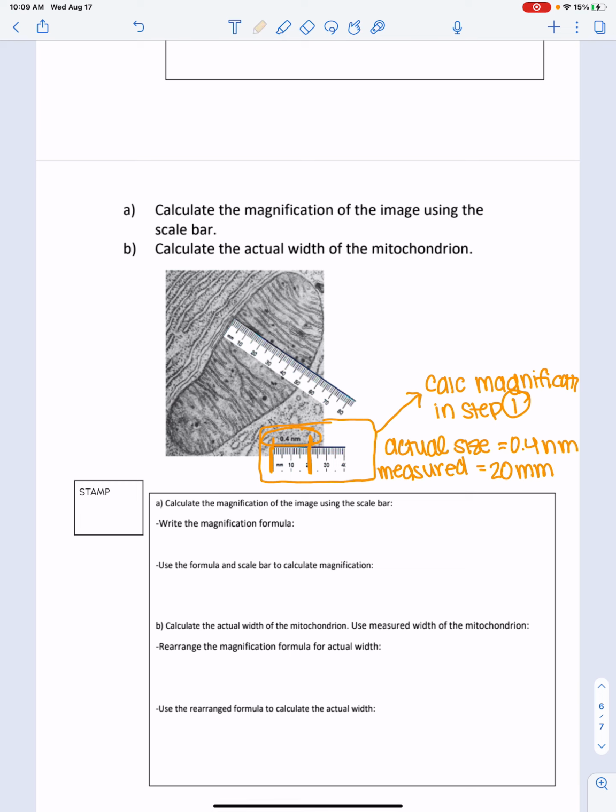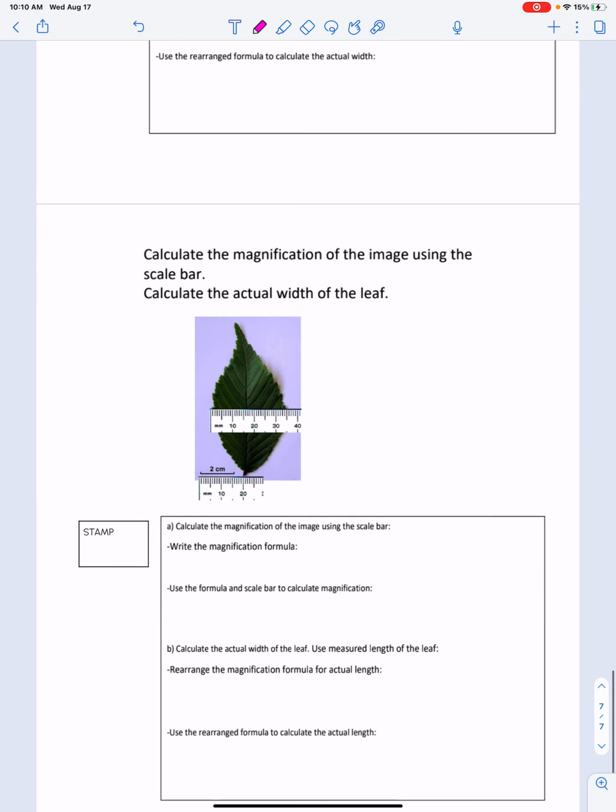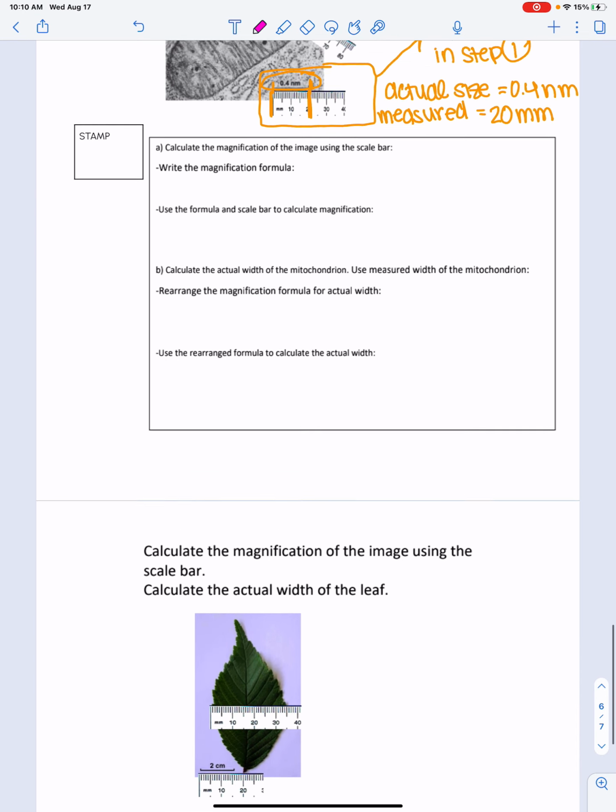And then when you go into part 2, you're going to use this one. Part 2, your measured will be, looks like it's right on 50 millimeters. And you'll use the magnification you found in step 1. And then this one you should be able to do on your own.